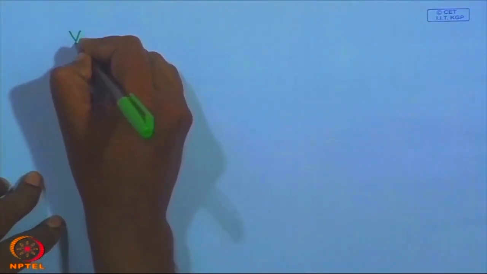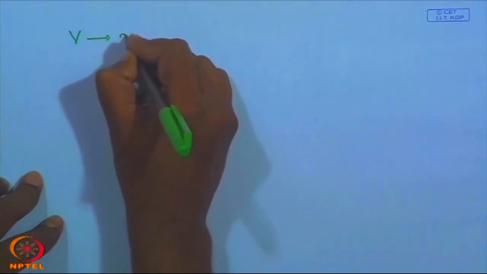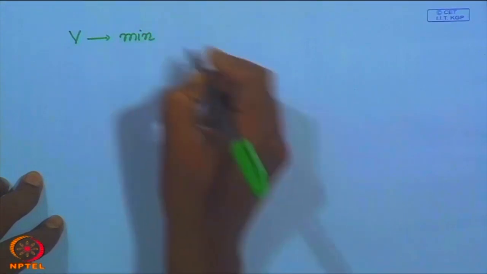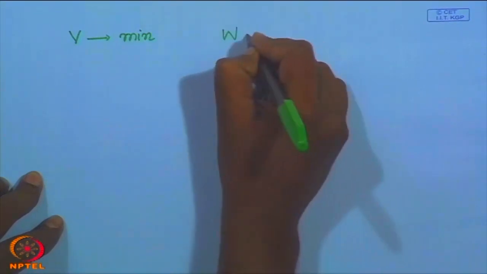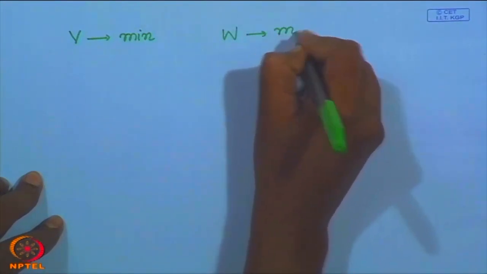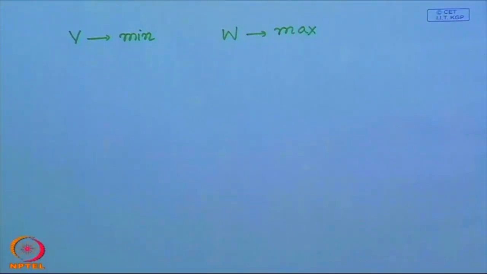So, given this, now I can write the conditions. Say V is the mean point, and let us say W represents the max point of a volume element, whether this volume element is in 1 dimension, 2 dimension, 3 dimension, 4 dimension, 1000 dimension, or 10,000 dimension, does not matter.